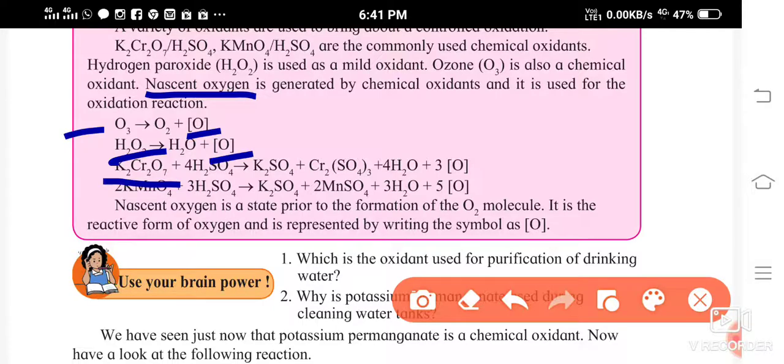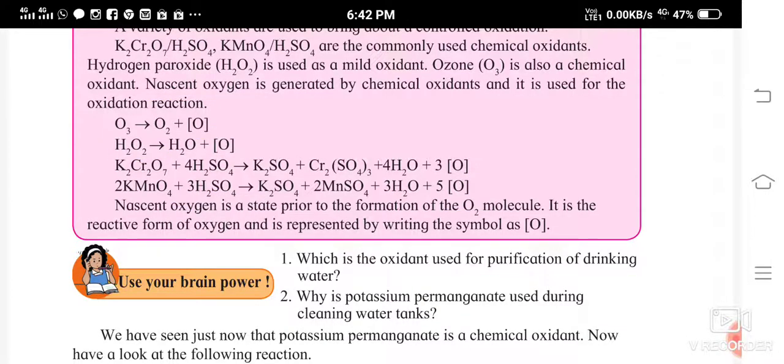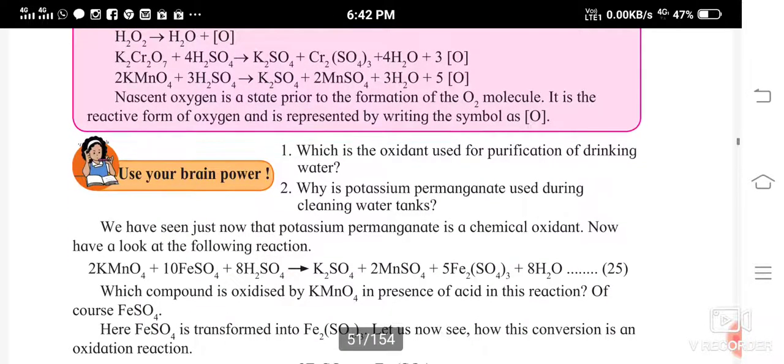Potassium dichromate with sulfuric acid has provided nascent oxygen for the reaction. Then potassium permanganate, KMnO4, plus sulfuric acid. Again, these two in combination are going to provide nascent oxygen for the reaction.